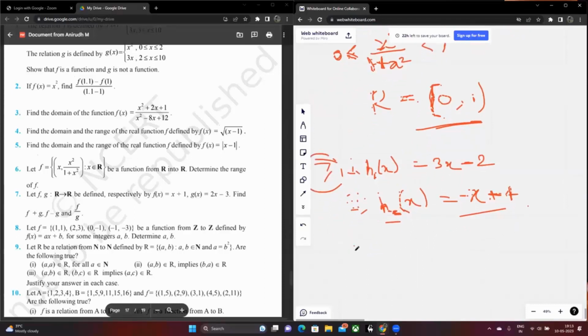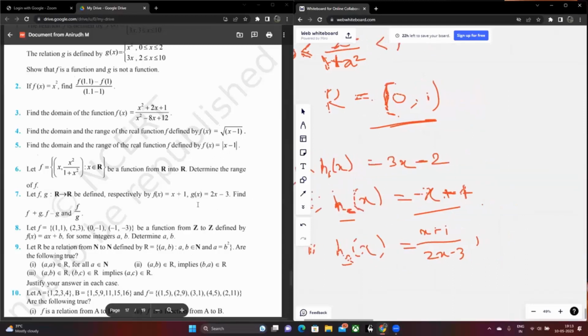And for the third thing, h3 of x equaling f by g, that is x plus 1 divided by 2x minus 3 if g of x is not 0. You should not forget the condition, because if g of x is 0, then this does not become a function because the value does not exist.